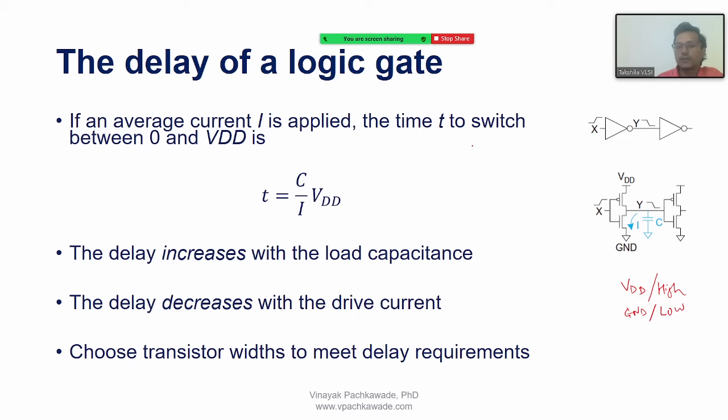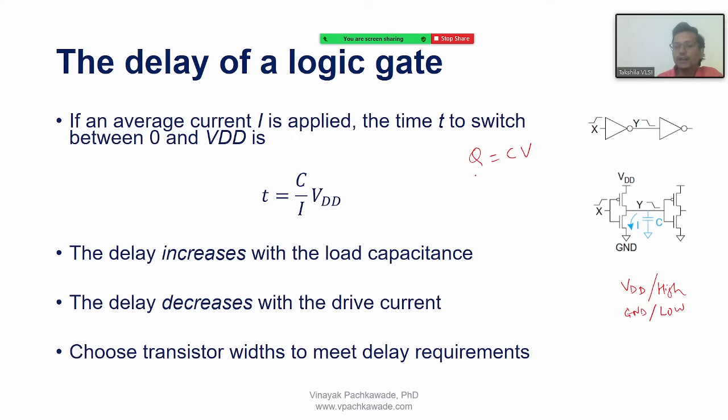We already know the relation between capacitance, charge and voltage. For a layout engineer, you should know these formulas. So Q equals CV, right?